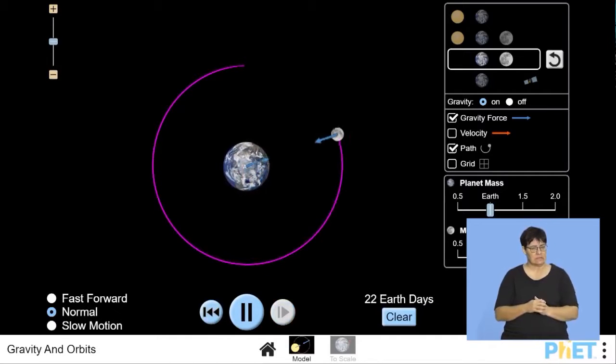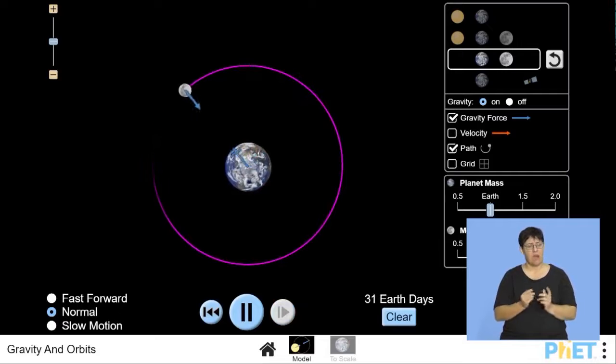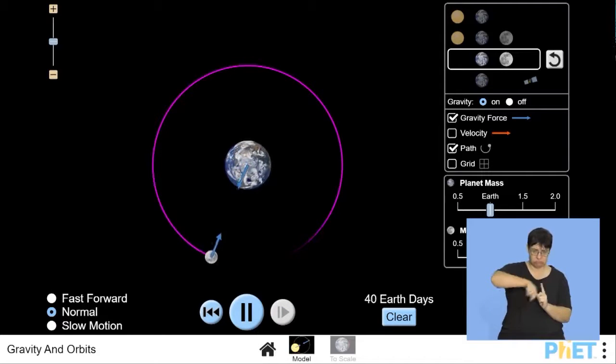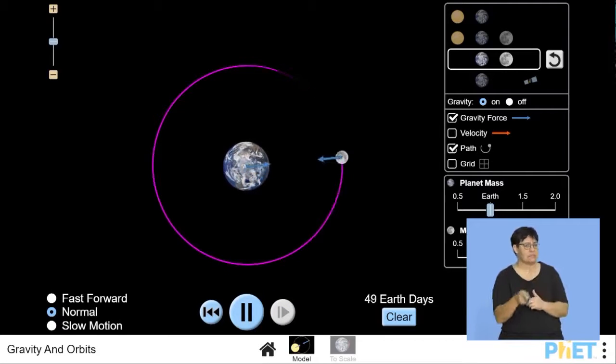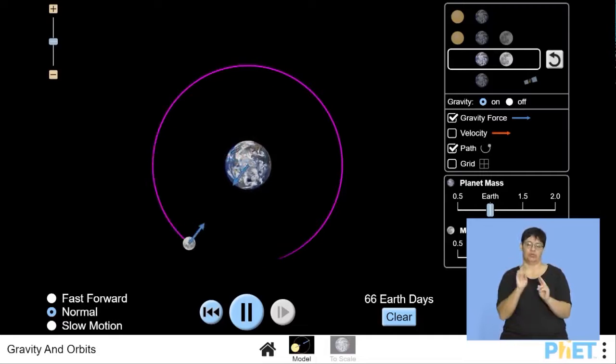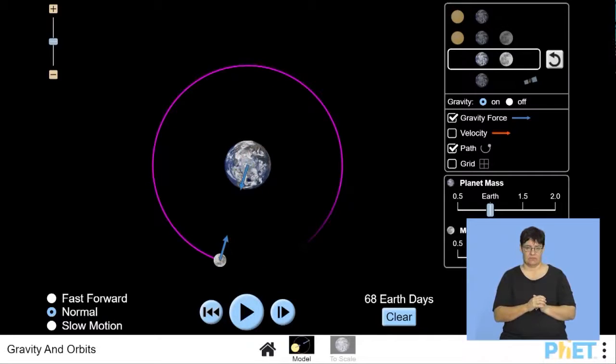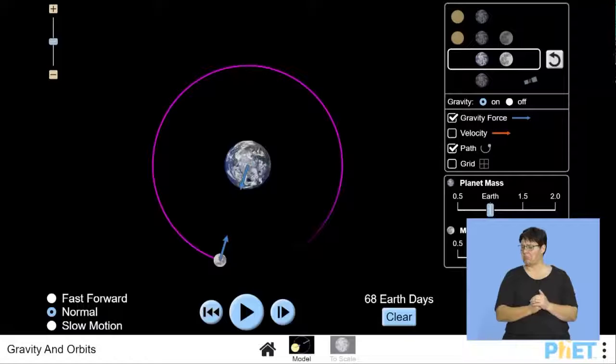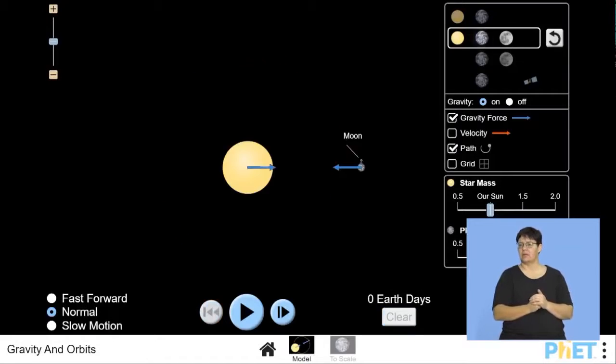It's got a much smaller orbit. It seems to be traveling quite quickly because it has a very short cycle. But that makes sense. Let's see what happens when I have the Earth and the Moon together.